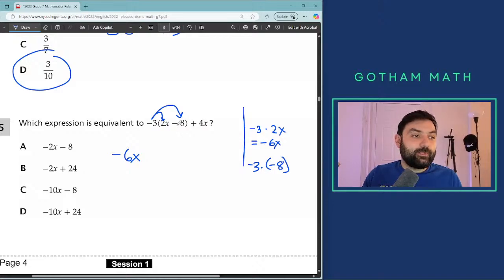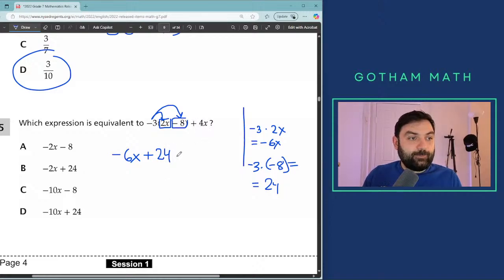We don't look at it as a subtraction in between 2x and 8. We look at it as positive 2x and -8 inside of the parentheses. Those are like 2 terms standing next to each other. So -3 times -8, negative times negative is positive, so it's going to be plus 24.